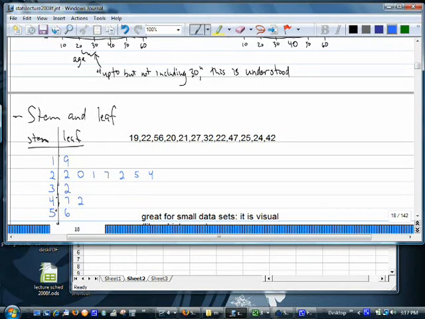Yeah. Technically a histogram, but yeah. It's just a histogram turned on its side, because the arrangement of the numbers basically makes up your bars. But this is better than a histogram because why? Yeah, all your data is there.